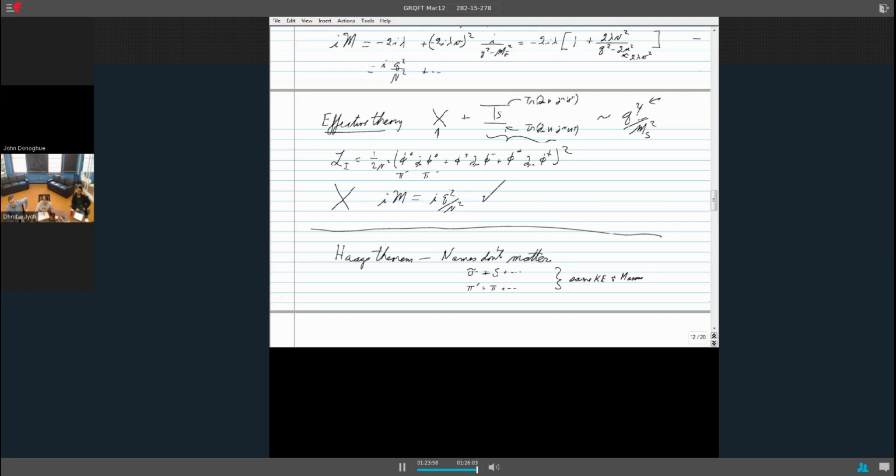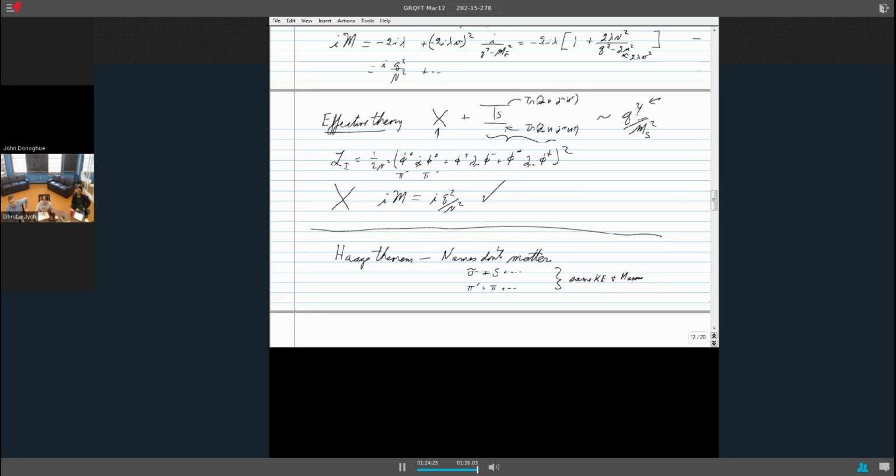And I also get the same answer at leading order by just dropping the S altogether and using the effective Lagrangian. So there are two things going on here. One is I got the same answer using these two forms, even though they look wildly different. One is a polynomial theory, the other is an exponential theory.